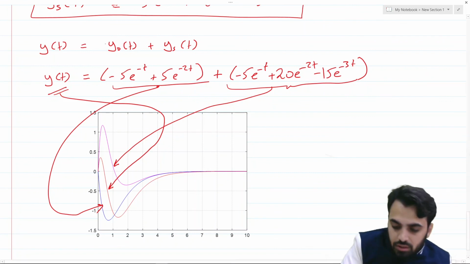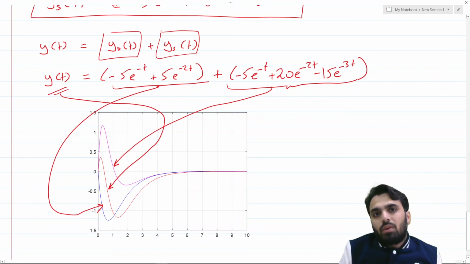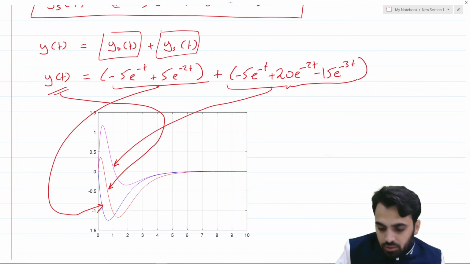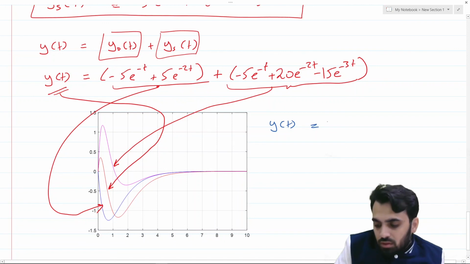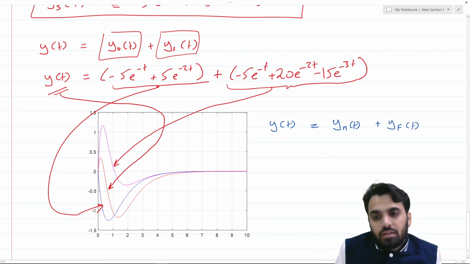Besides the zero input response and the zero state response, we have another terminology, which is the natural response and the forced response. That is, y(t) can be expressed in terms of the natural response plus the forced response of a system.